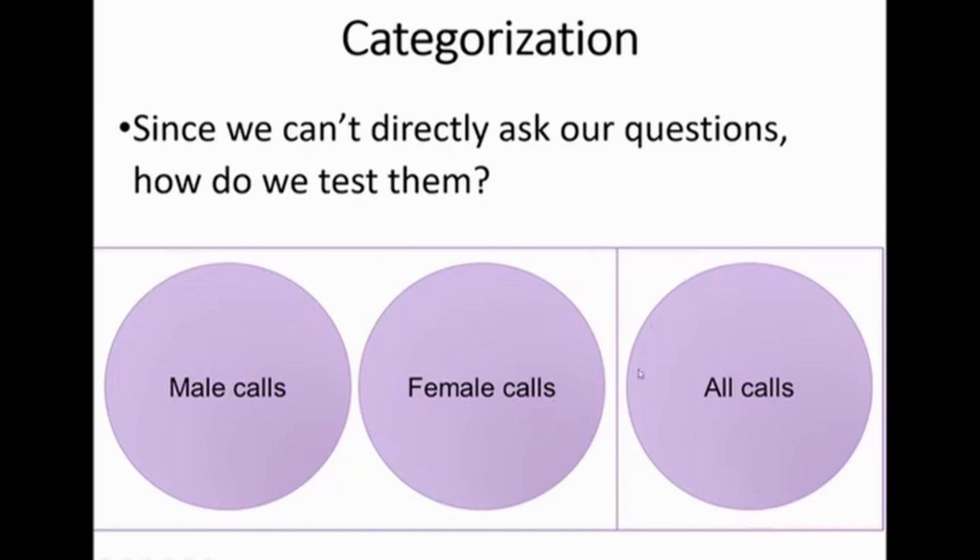Or do they treat all types of calls, all male and female produced calls, the same? So we're basically asking, do they group all of the male calls together and all of the female calls together? Or do they only care about calls in general and sex doesn't matter to them? So these are our two options that we wanted to look at.